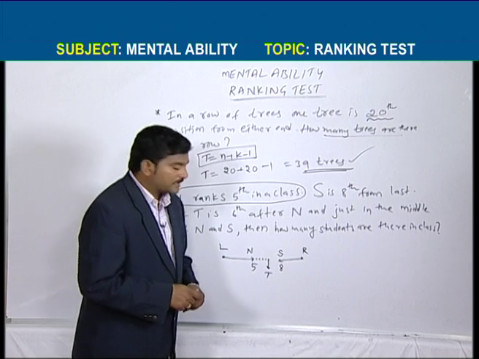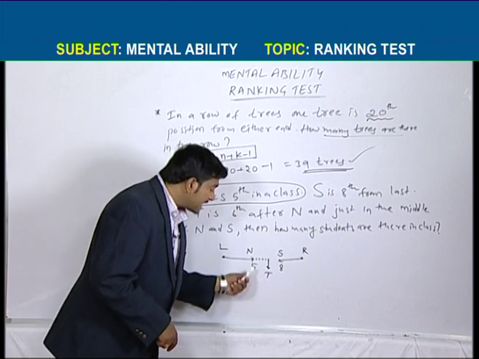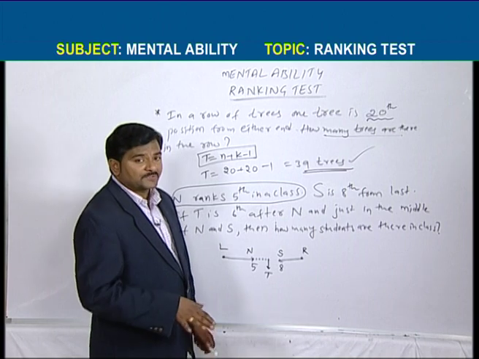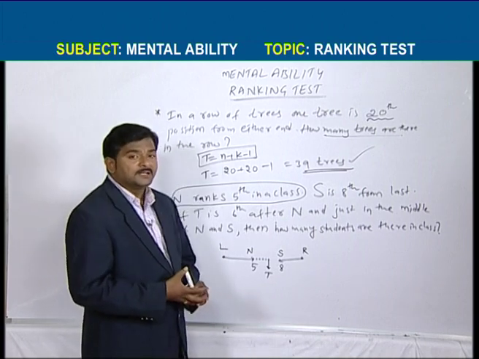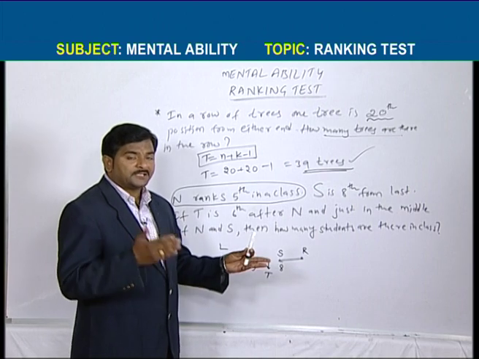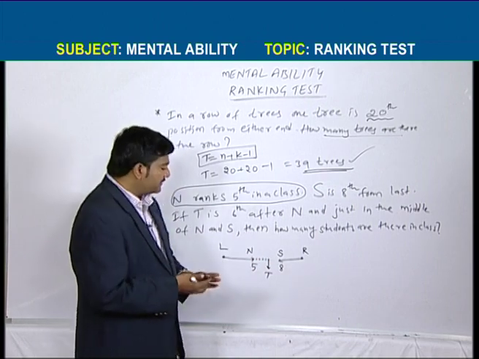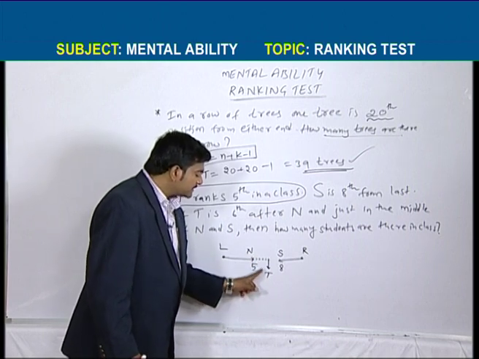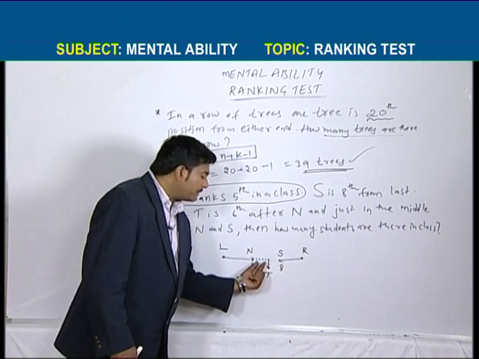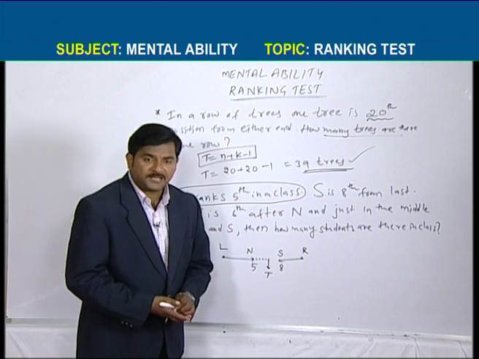And one more thing he mentioned. What is the condition? T is exactly in between n and s. So beautiful concept. T is exactly in between n and s. The meaning is, if T is 6th after n, how many members are there between n and T?